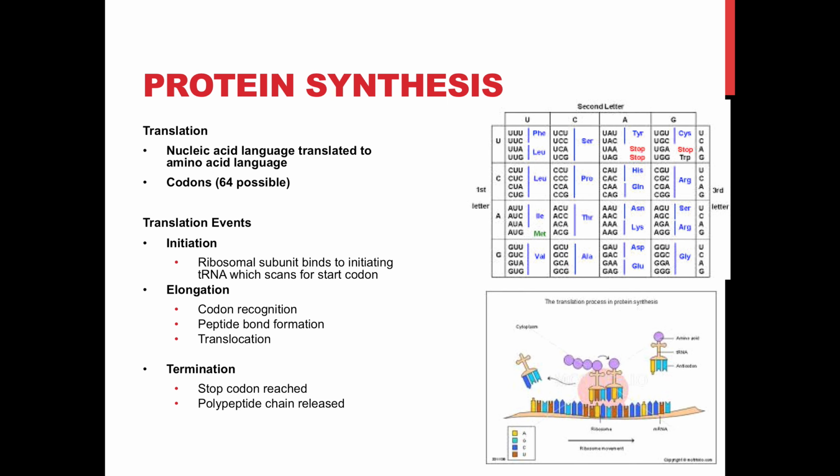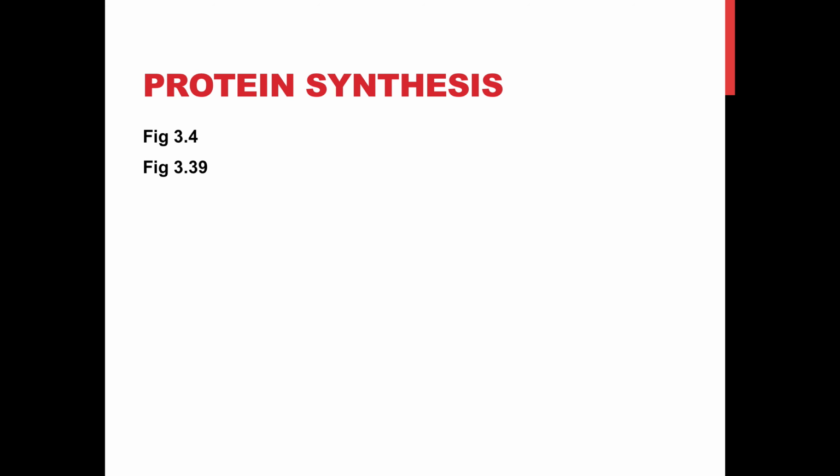Okay, so that's it. I was hoping for an hour and a half or so, but I basically took up how long our class is going to be, 2 hours and 50 minutes. These are some images on this slide that you should just check out, 3.39 and 3.4.